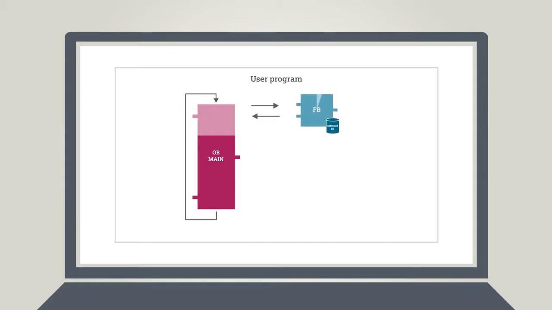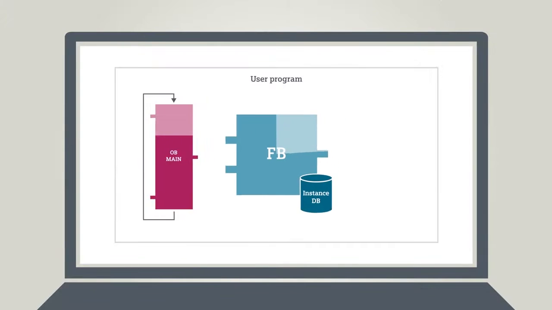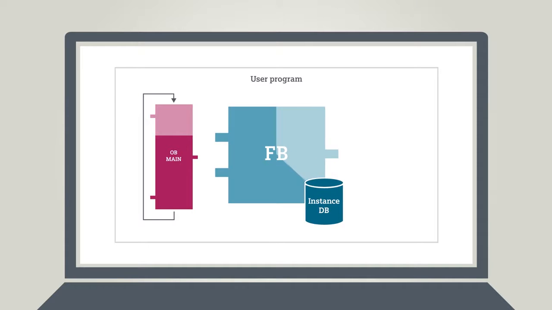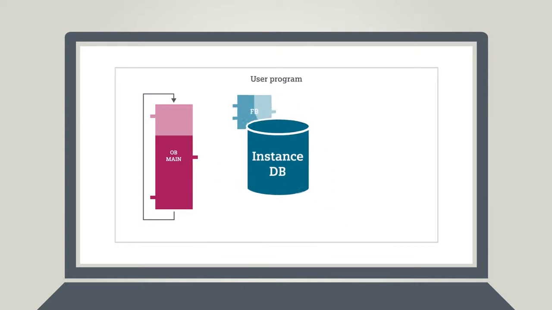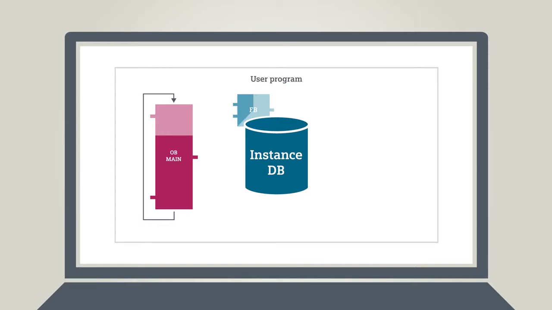OB-main will then call up the corresponding unit, such as the technical unit of the first conveyor belt. Subtasks, like this one, are implemented as function blocks, FBs. A function block offers you flexible parameterization and comes with its own memory in the form of a so-called instance data block.